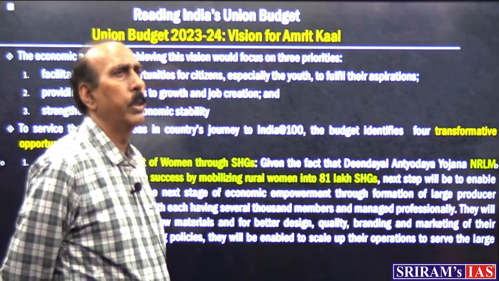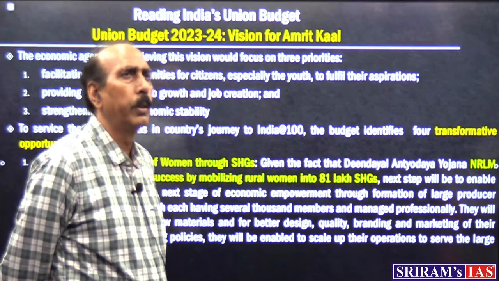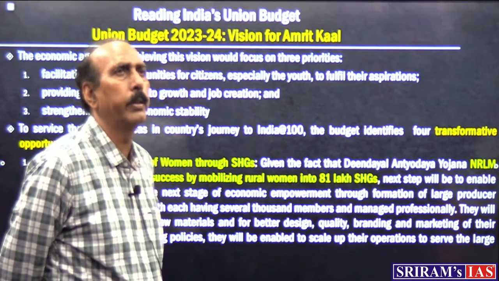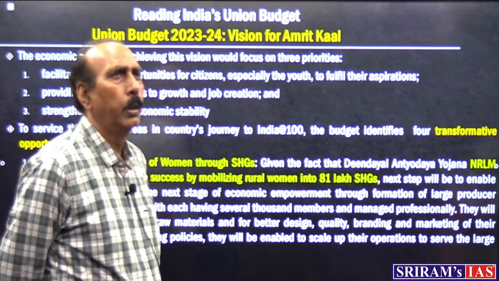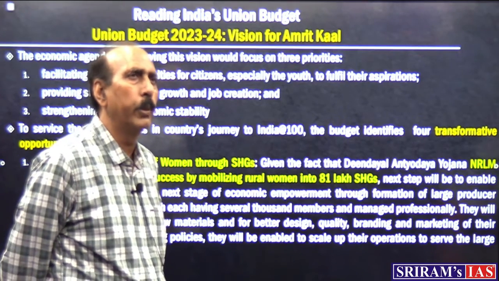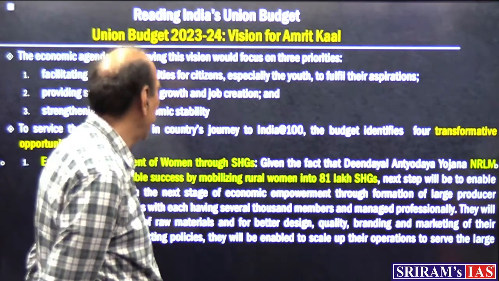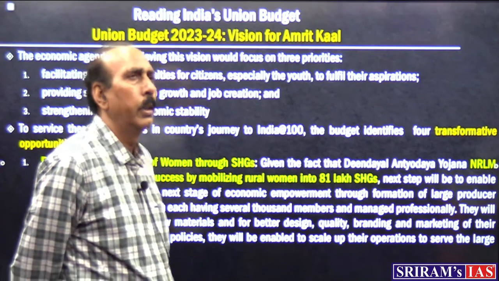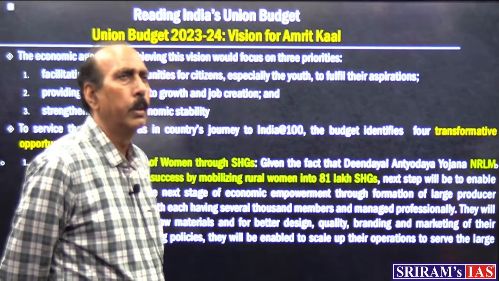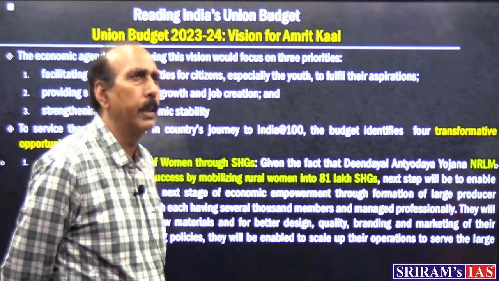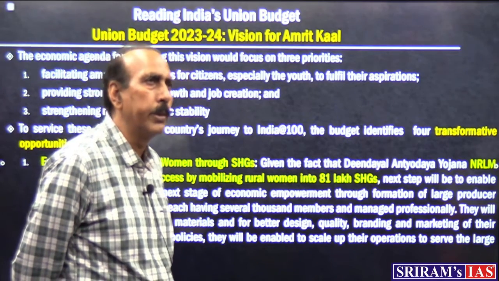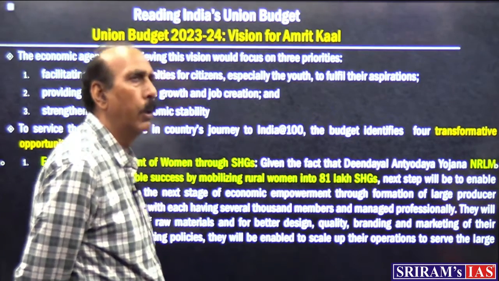Plenty of opportunities are available, but the issue is their exploitation, their use, and therefore they identified four areas where priority needs to be given in the current year budget for maximizing the potential of these groups.